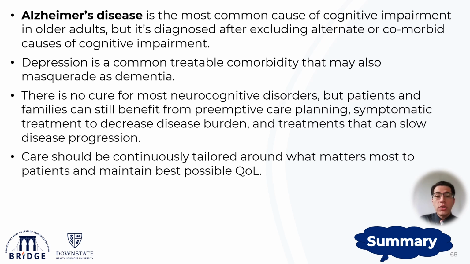While there is no cure for most neurocognitive disorders, patients and caregivers can still benefit from preemptive care planning, symptomatic treatment to decrease the disease burden, and treatments that may slow down the disease progression.